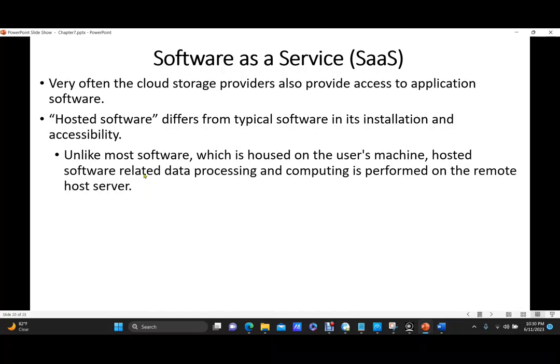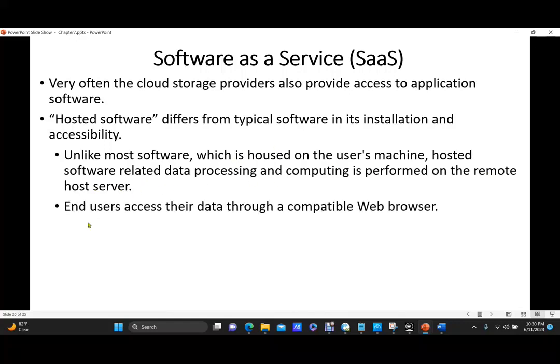Unlike most software, which is housed on the user's machine, with hosted software, related data processing and computing is performed on the remote host server. So the software is on the server and it runs on the server. End users access their data through the web browser.